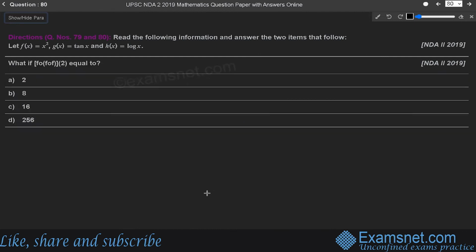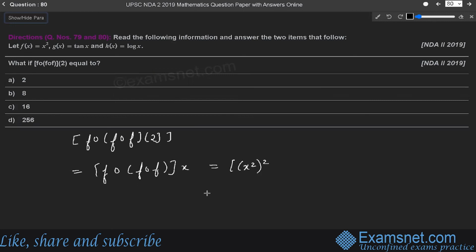Next question also has the same directions. Here the question is, what is f of f of 2 equal to? So f of f of x will be equal to x square whole square, which is equal to x power 4.